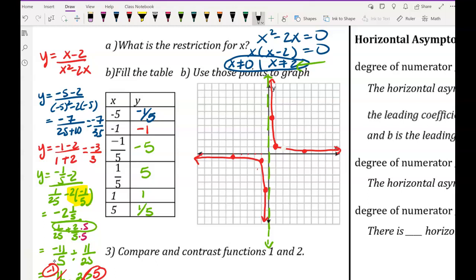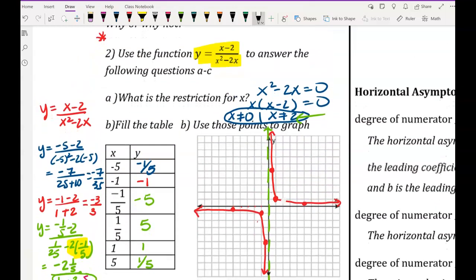Isn't that crazy? Right? So because we have a hole, and the reason we have a hole is this, let me go back up to our equation. Our equation is y equals (x minus 2) over the denominator x squared minus 2x. But when we factor out the denominator, our equation really comes out to be y equals (x minus 2) over x times (x minus 2).